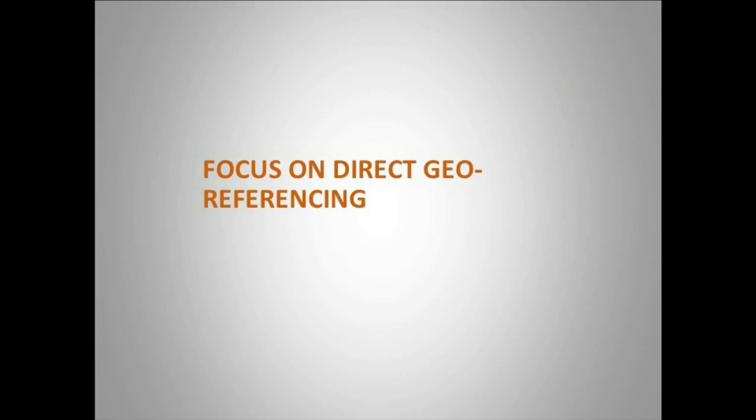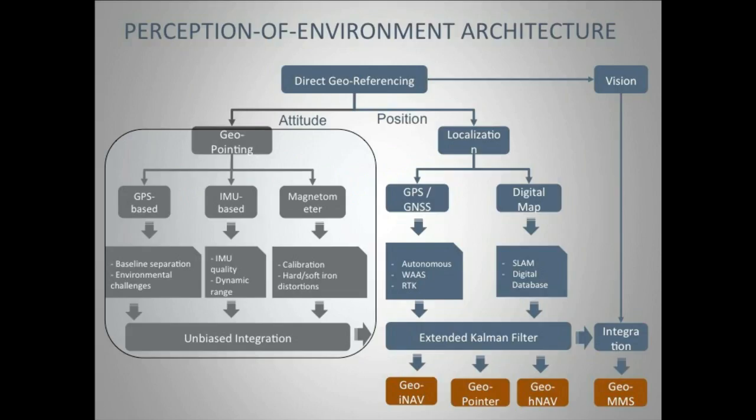Now we're going to focus on direct georeferencing. Remember that the geopointing is a core functionality that leads us to be able to do direct georeferencing. So direct georeferencing uses geopointing. It also uses positioning and, as Lasse talked about, kinematic processing, dual frequency GPS. I'm not going to address that aspect of it, but suffices to say that that's necessary.